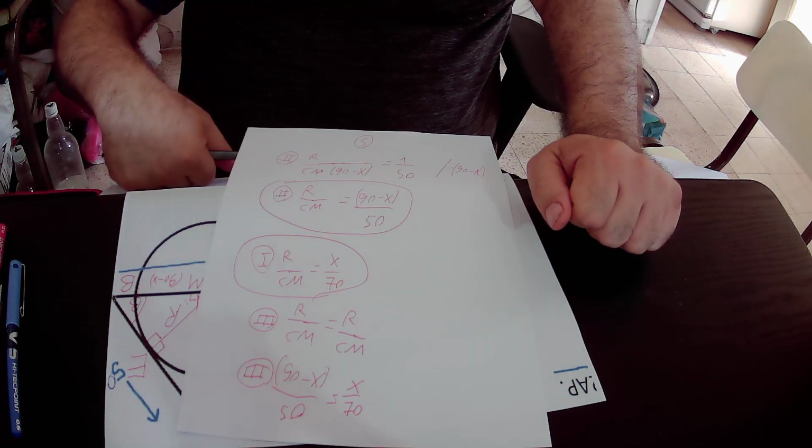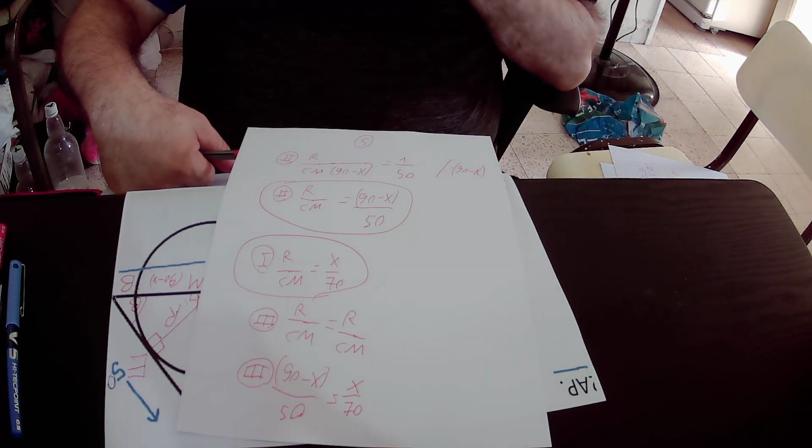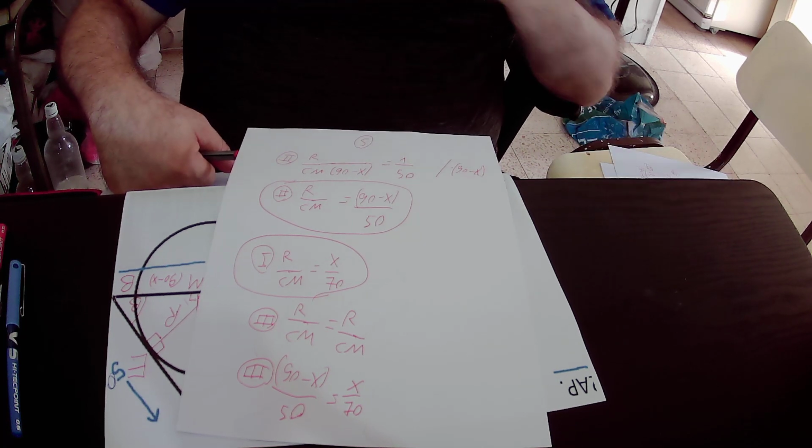Okay, so now we'll multiply both sides of the equation by 50.